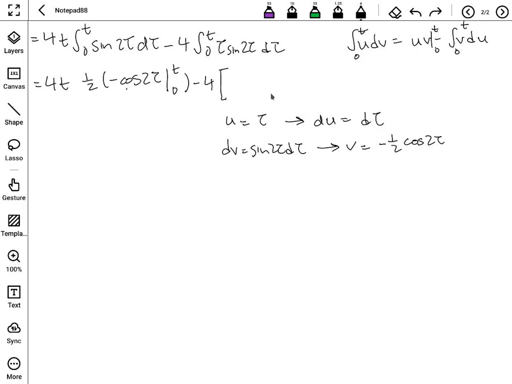So then plugging in the formula, I'm going to have u times v, so tau times minus 1/2 cosine 2 tau, evaluated from 0 to t, then minus the integral of v du from 0 to t. And because my v has a minus in it, I'm actually going to turn that minus into a plus 1/2 cosine 2 tau d tau.